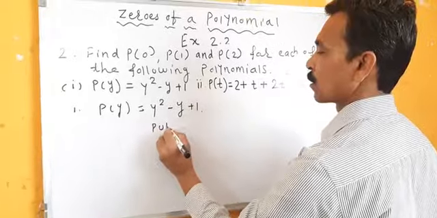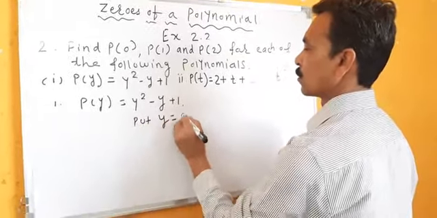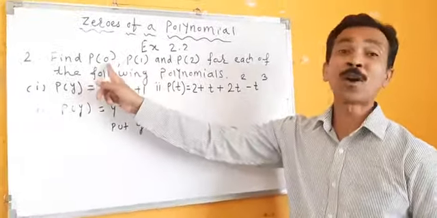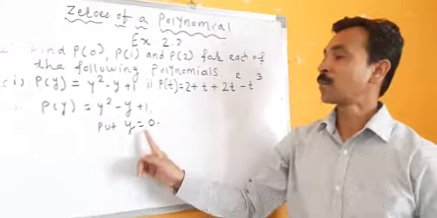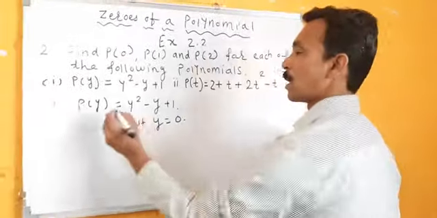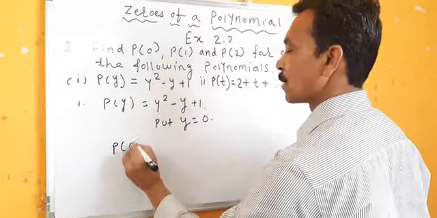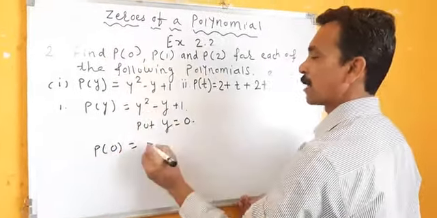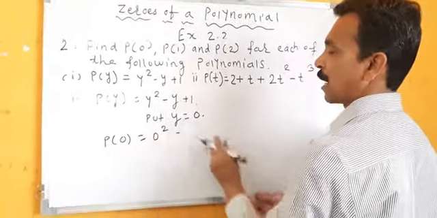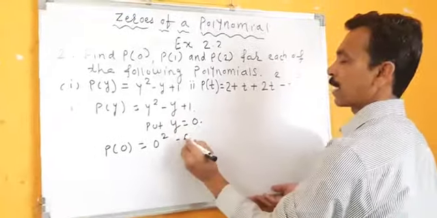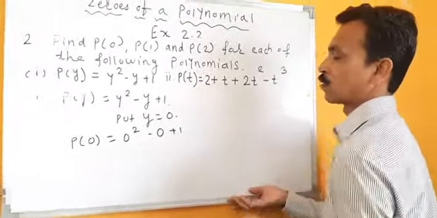Put y is equal to 0 because we have to find P of 0. So here the value of y will be 0. So it becomes P of 0 is equal to y square, meaning 0 square, minus y, what is the value of y, 0, plus 1.